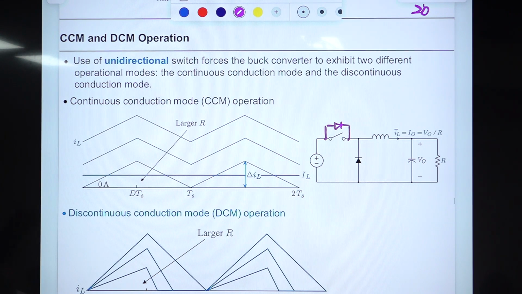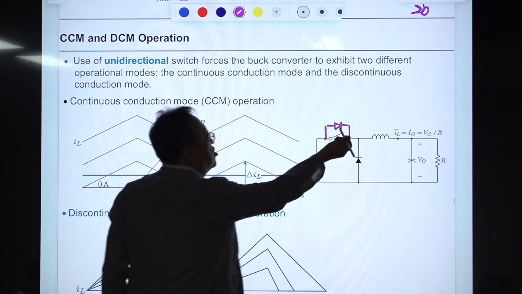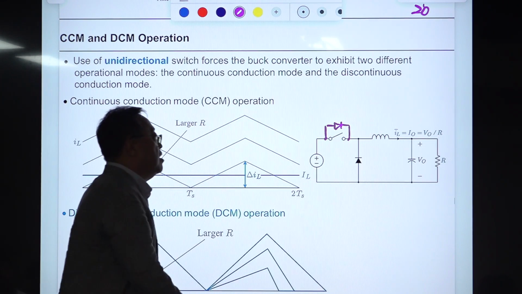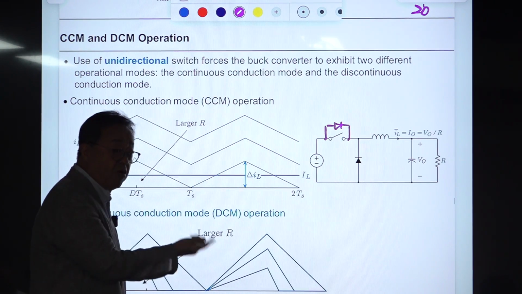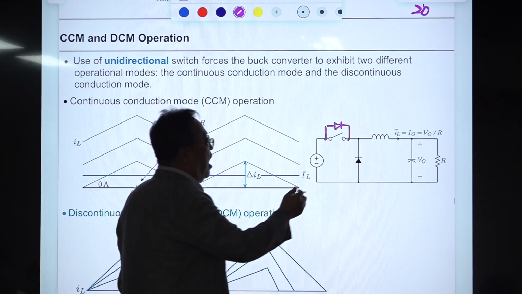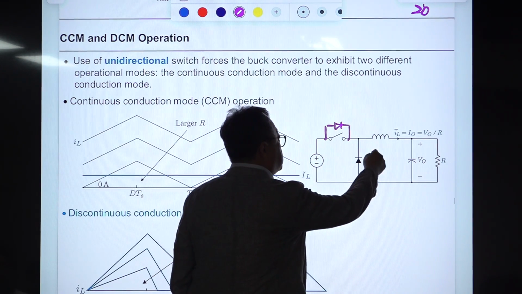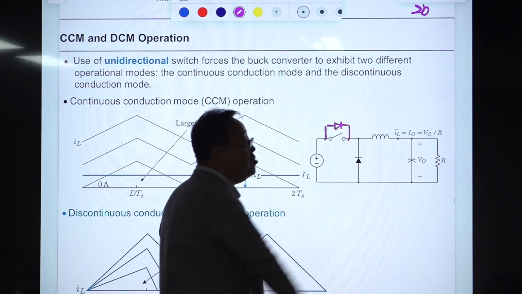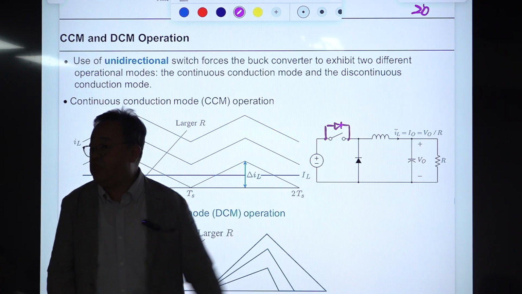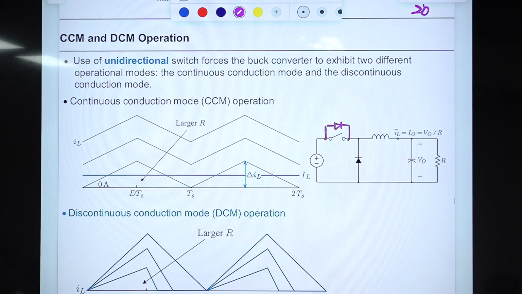If the channel is formed all the time, it is a bidirectional switch, and bidirectional current flow is available. But if the channel is gone, then this direction is impossible to deliver current, and the diode only passes current from anode to cathode. So both of these are unidirectional switches.